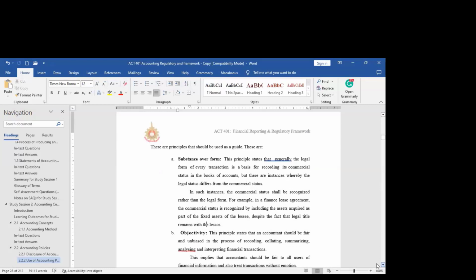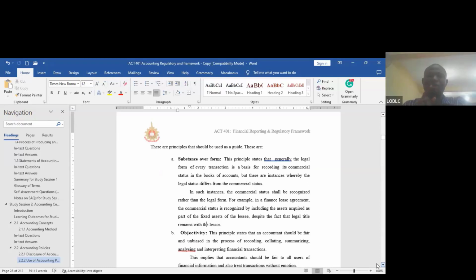So in such instance, the commercial status shall be recognized rather than the legal form. For instance, in the finance lease, that's IFRS 16, the commercial status is recognized by including the asset acquired as part of the non-current assets of the lessee, despite the fact that the legal title remains with the lessor.